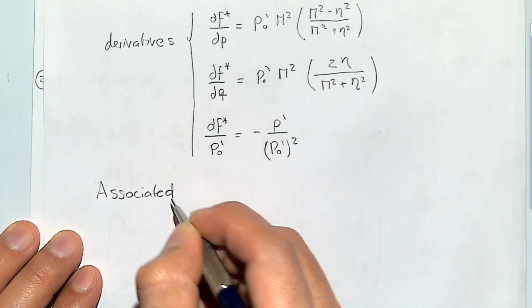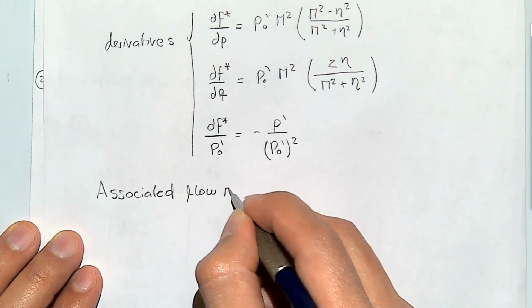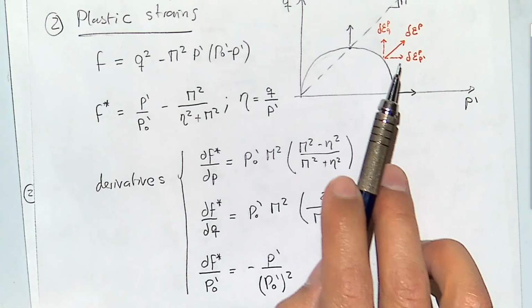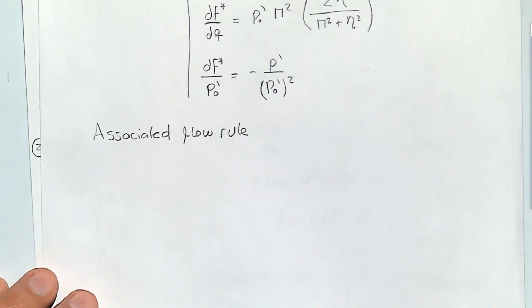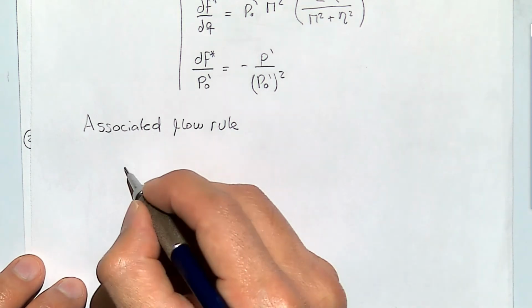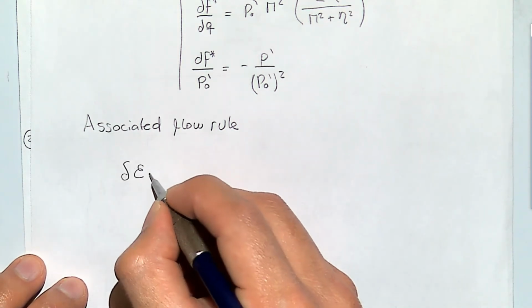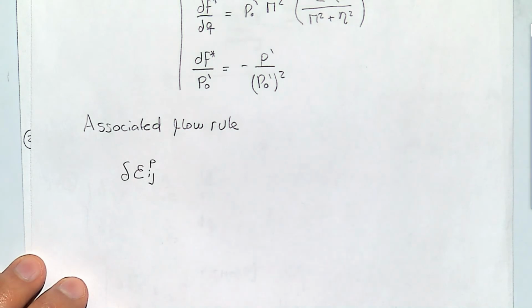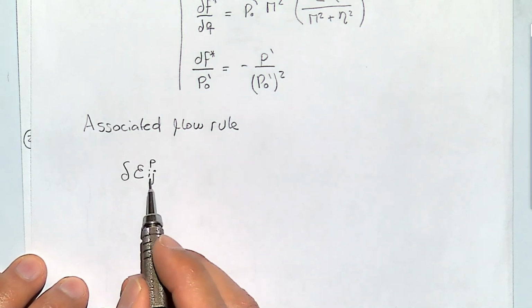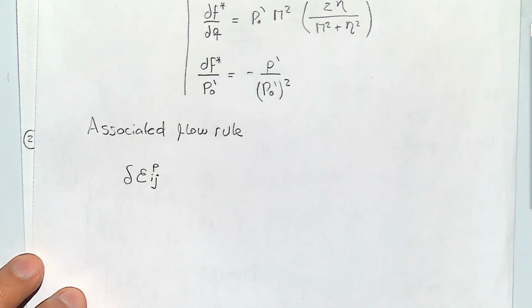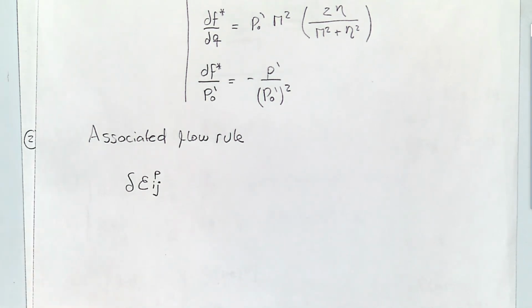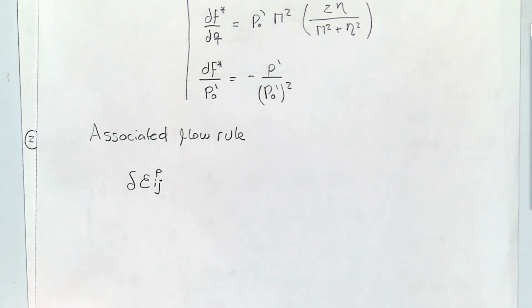to apply the associated flow rule for this part of the yield surface, and that flow rule tells you that the variations in plastic strain in a given direction, that's what that ij means, if say epsilon 1, epsilon 2, or as we are working now with, instead of those, we're working with more like invariant strains, epsilon p prime and epsilon q.